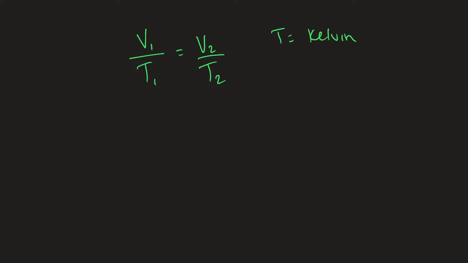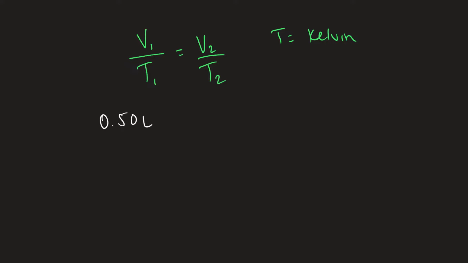All right, let's look at an example of using this equation. Let's say we have an average adult and they inhale a volume of 0.50 liters of air within each breath.